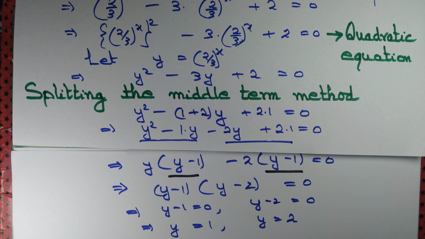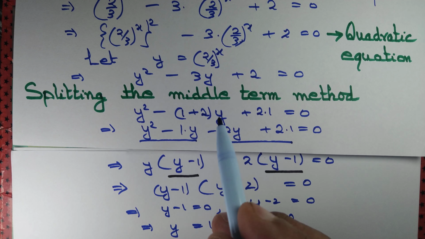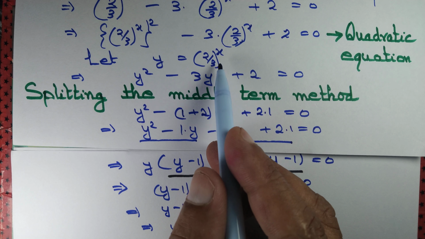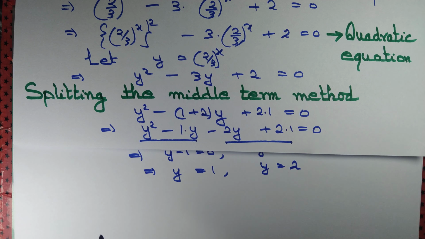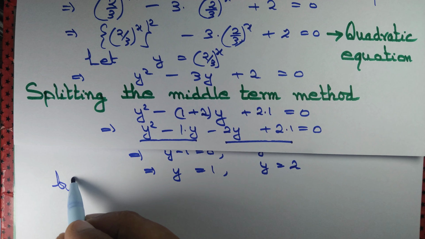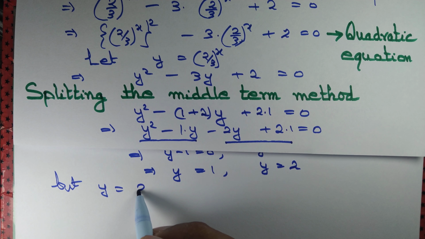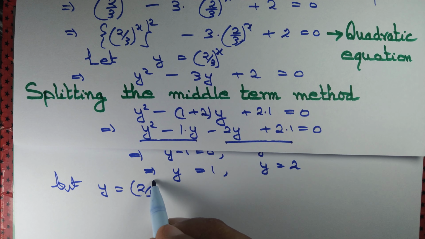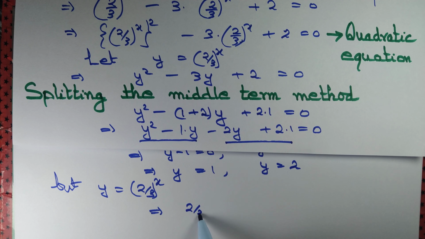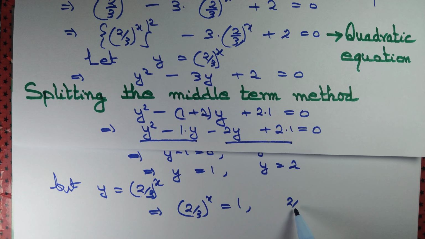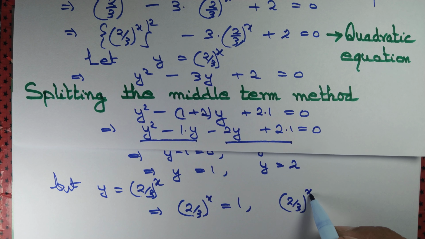When y equal to 1, but we are assuming y equal to (2/3) to the power x. That's the assumption we have made. So that implies (2/3) to the power x equal to 1. And or maybe (2/3) to the power x equal to 2.